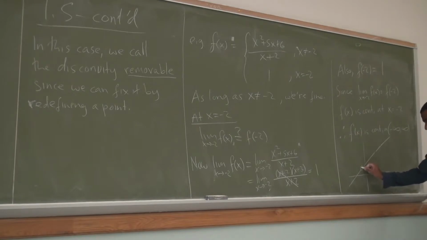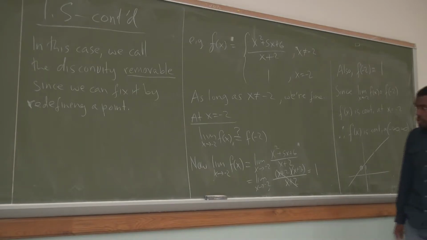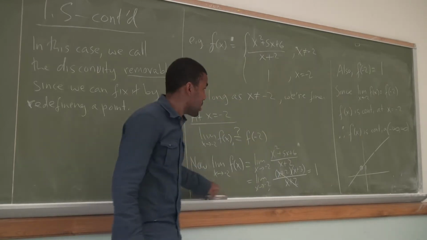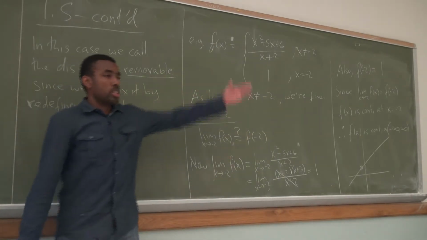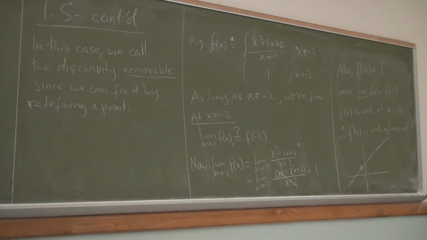So we actually shade in this point here. There was a little gap and we bridged the gap. So this is continuous, there's nothing wrong with it. This function you could actually draw without lifting your pencil off the page. It looks complicated, but it's actually a straight line.